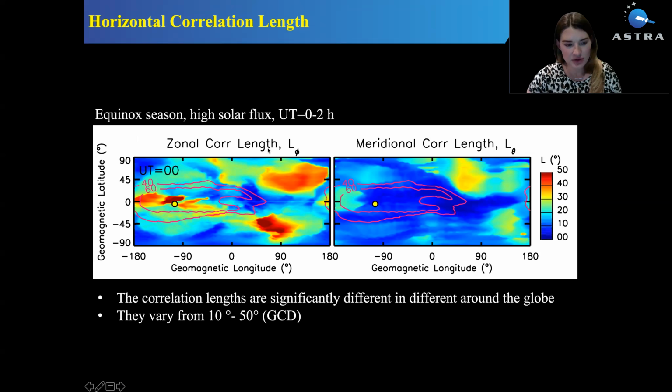For example, zonal correlation length is higher close to the equator, somewhere inside of the equatorial ionization anomaly, and it also has two peaks around the sunset sector at mid-latitudes. The meridional correlation length doesn't have a peak inside of the equatorial ionization anomaly. It has a peak around the sunrise sector.